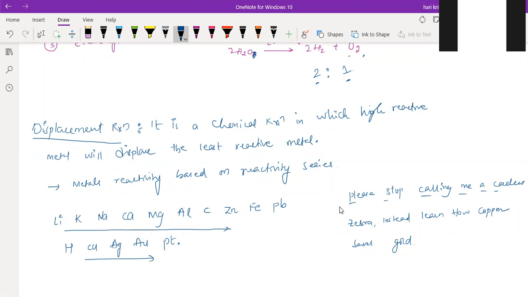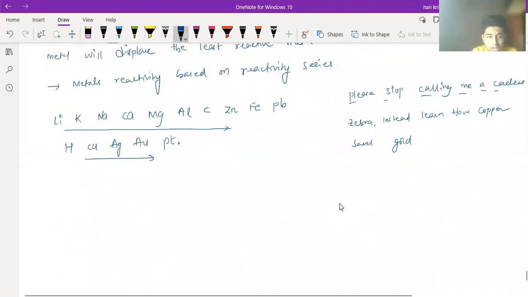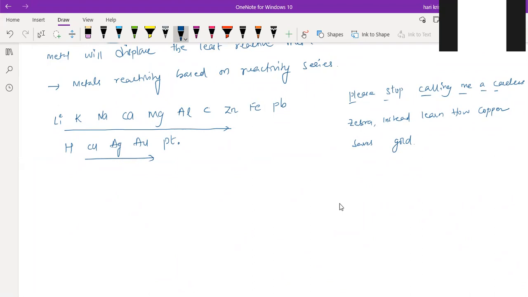So what are the main points of the reactivity series? The main point means the characteristics.